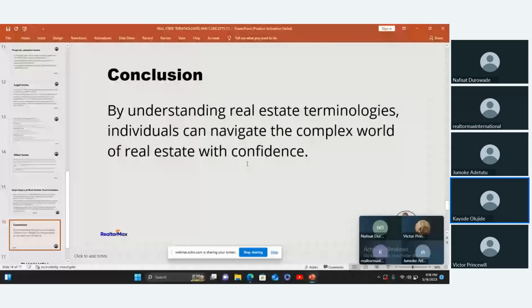Conclusively, by understanding real estate terminologies, individuals can navigate the complex world of real estate with confidence. When you have a real knowledge of the language of the industry, then you as a salesperson can navigate the complex world of real estate with confidence.